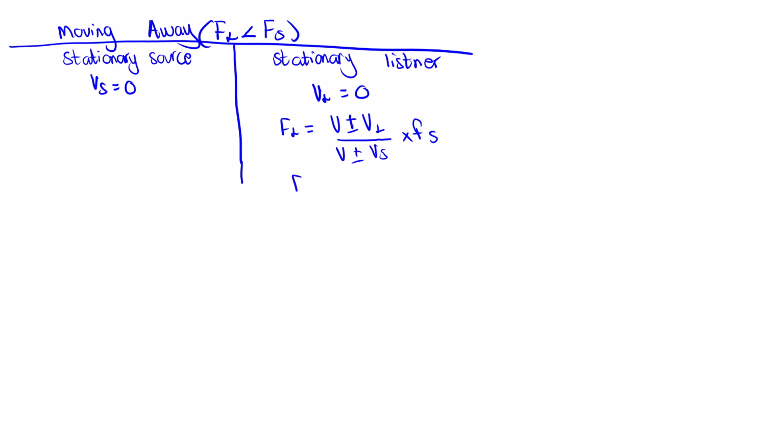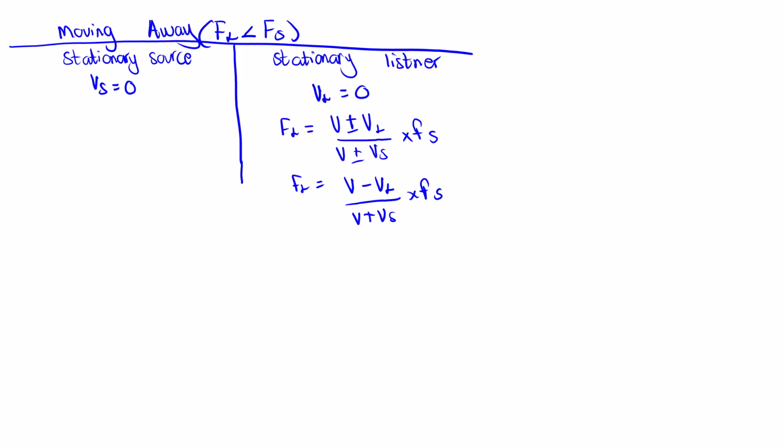So for this, it's just going to be FL equals V minus VL over V plus VS multiplied by Fs, right? In the approaching scenario, it was V plus VL over V minus VS because we are approaching and we want the frequency of the listener to be greater than the frequency of the source of sound. But right now, we want the frequency of the listener to be less than the frequency of the source of sound. So that's why we are subtracting on the numerator and adding on the denominator, right?